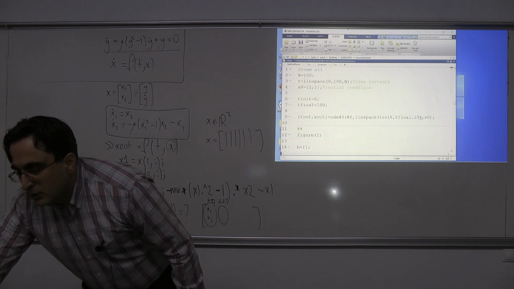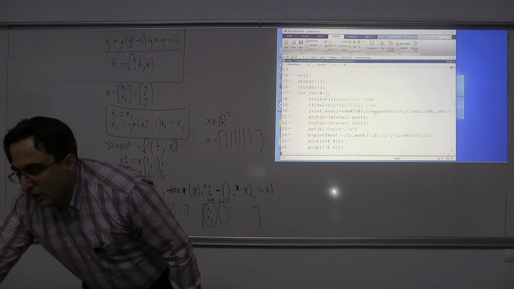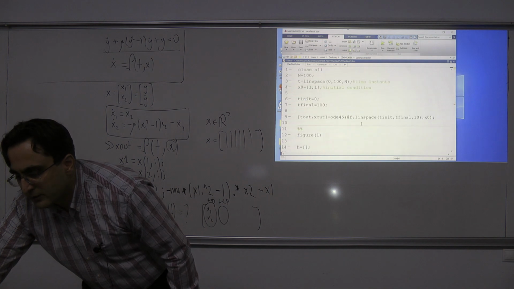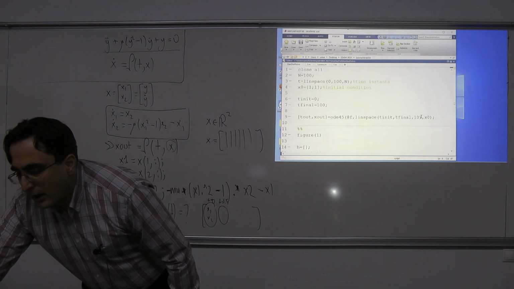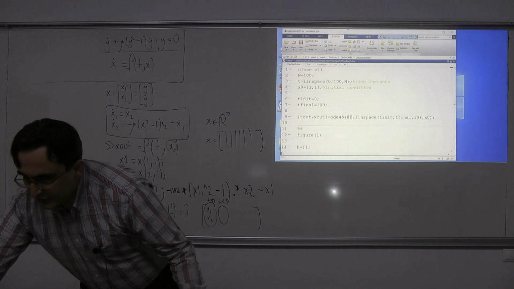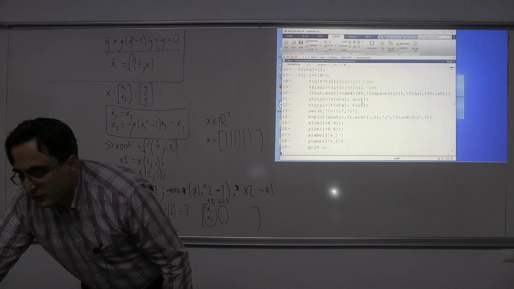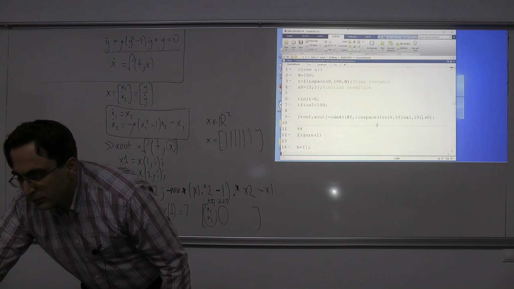I solve this differential equation piece by piece for different time instances in the for loop that is coming soon. So this first command is just an example here. I do the actual solving in the future parts of this code.